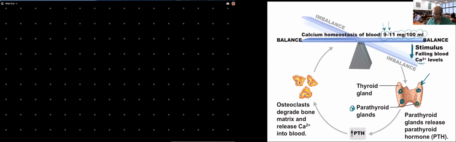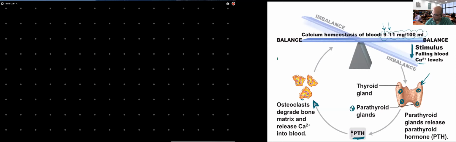Parathyroid glands are going to be releasing a hormone in response to this drop in the blood calcium level called PTH, or parathyroid hormone. PTH, once released, stimulates the osteoclasts to degrade the bone.